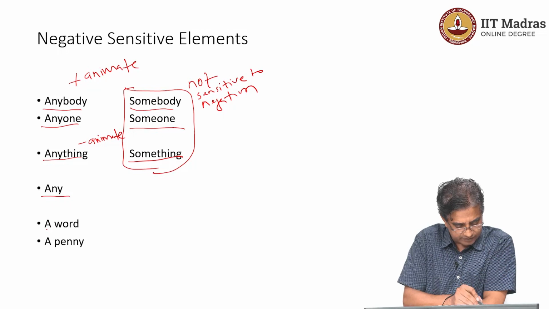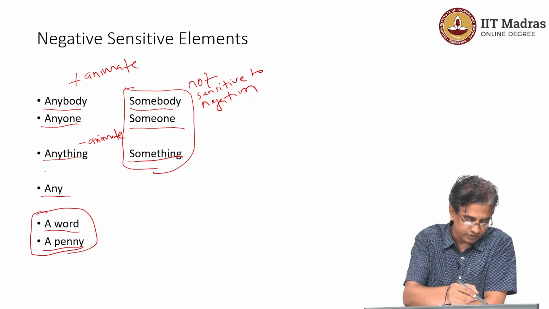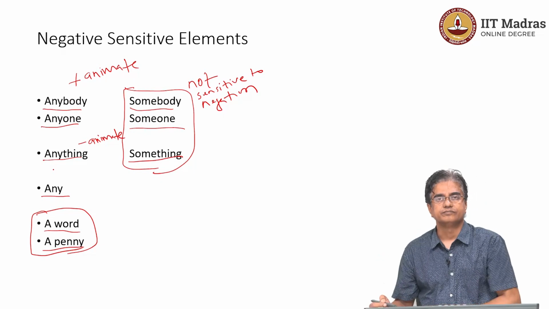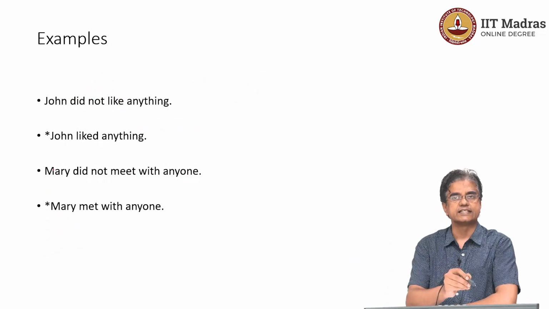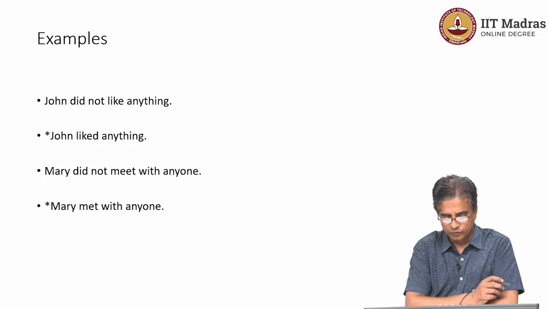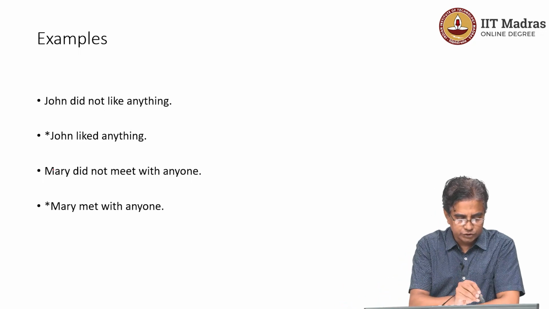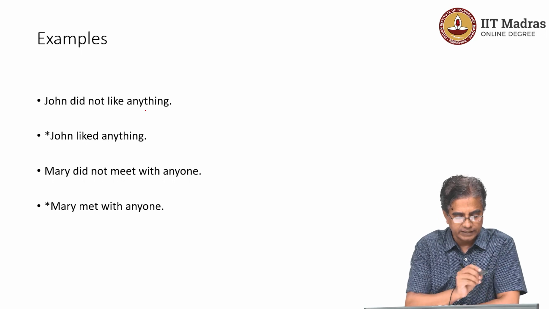Likewise, we have some elements like a word with a special meaning, a penny. I'm going to show you these two in a moment. But let's first look at anybody, anyone, anything, or any. Let's look at these examples. When we say John did not like anything, look at this.